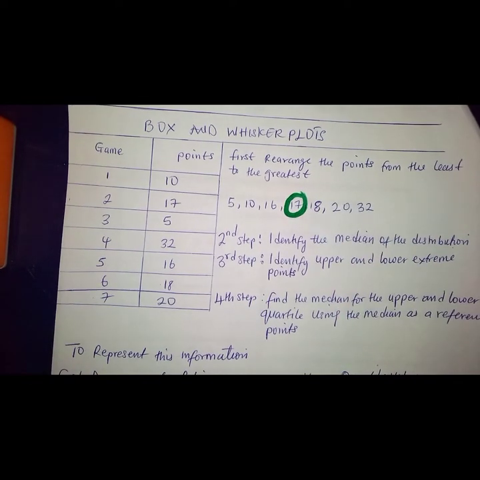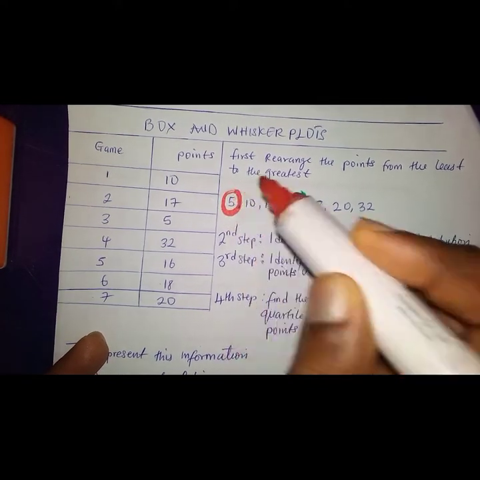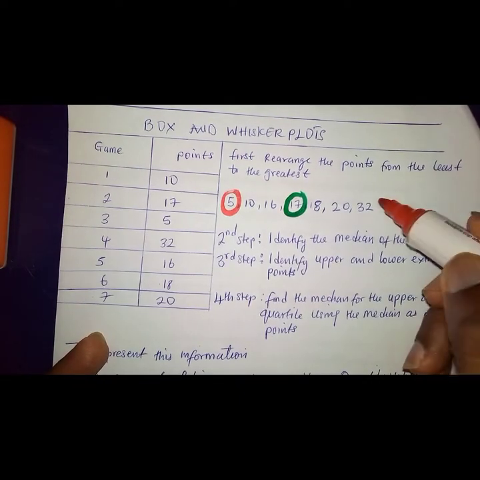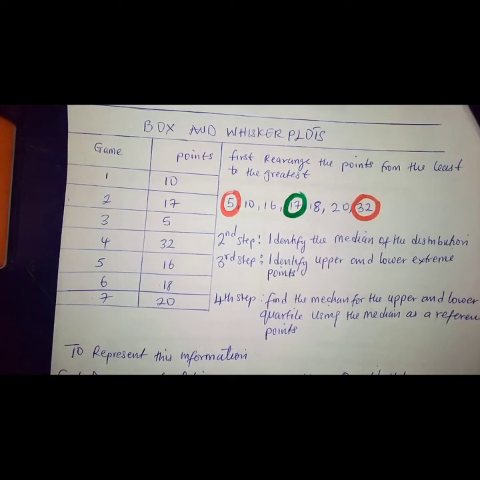Now, since you have gotten the median, the next step is to identify the upper and lower extreme numbers. From your arrangement, you find out that the lowest extreme number is 5 and the highest extreme number is 32. Now you have identified your lower and upper extreme numbers.